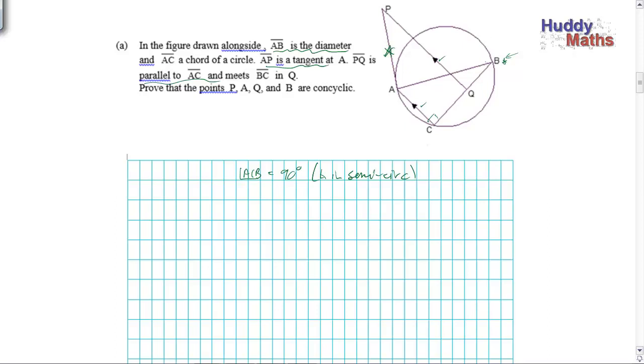This is a line through the centre, a diameter, so angle PAB equals 90. I'm trying to go through each given piece of information and use it in the proof. A line from the centre to the point of contact of a tangent is 90 degrees.